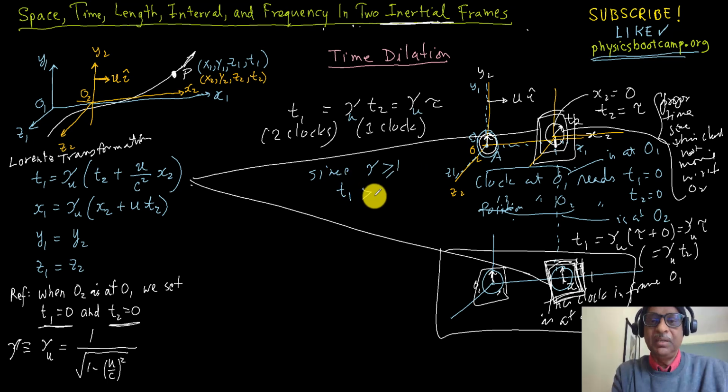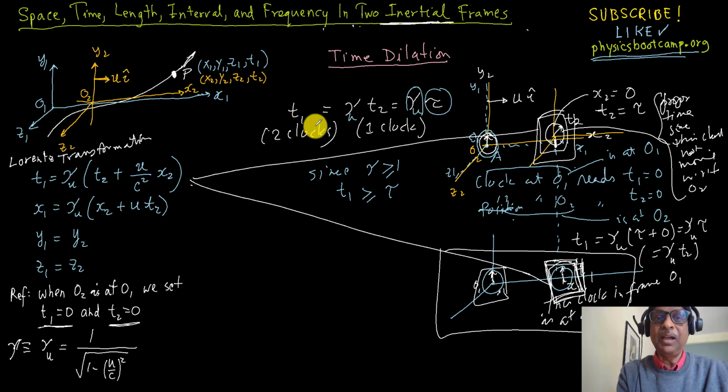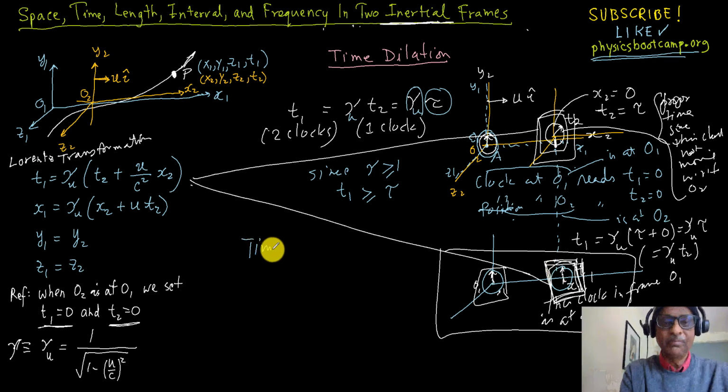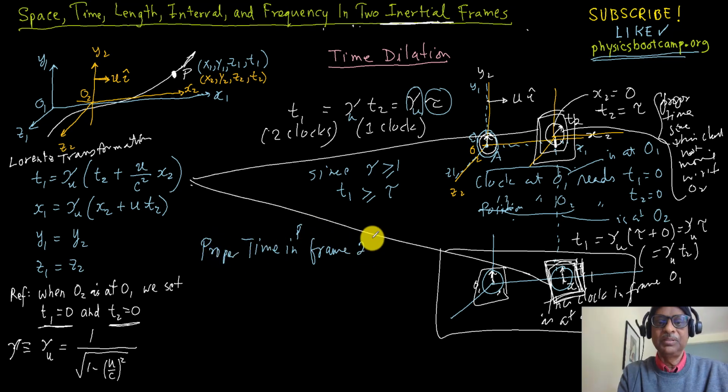T1 will be greater than or equal to tau. So if tau is 1 and is greater than 1, so the time. We say actually comparing frame to frame now. So time in frame, so-called proper time in frame 2.